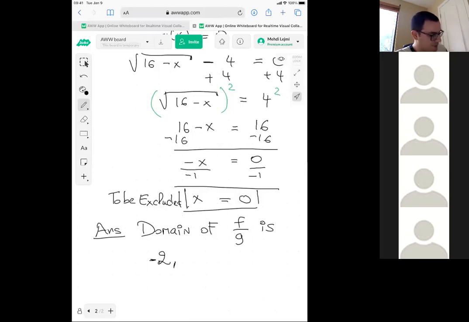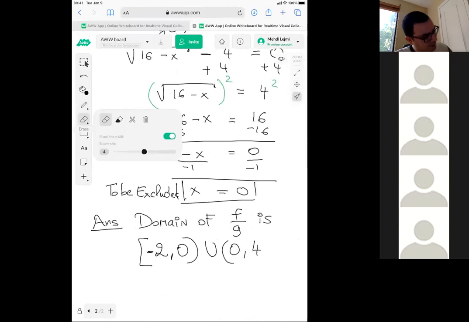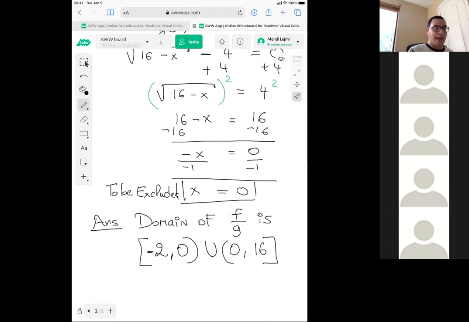Then I have to exclude 0, so here's 0 excluded. Union, and then from 0 to 16, sorry, 16, and the 16 is included. So I have a union of 2 intervals: negative 2, 0, and then 0, 16.